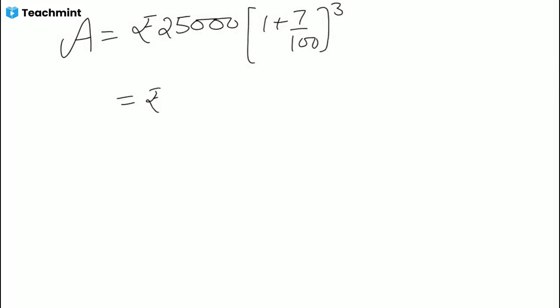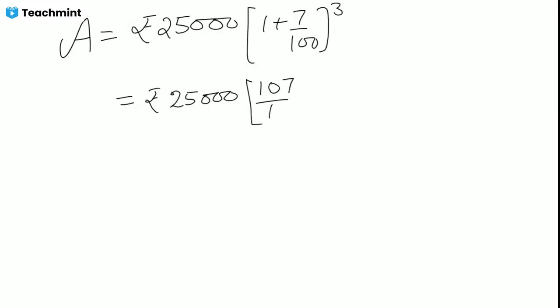So rupees 25,000 times, either you can write 107 over 100 to the power 3, or you can also write it directly in decimal form. You can use any form, like 1.07 to the power 3. So by using a calculator, you can calculate it.